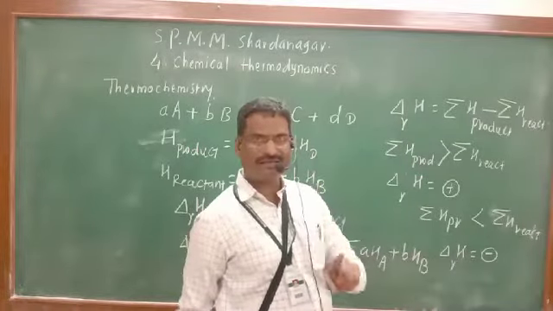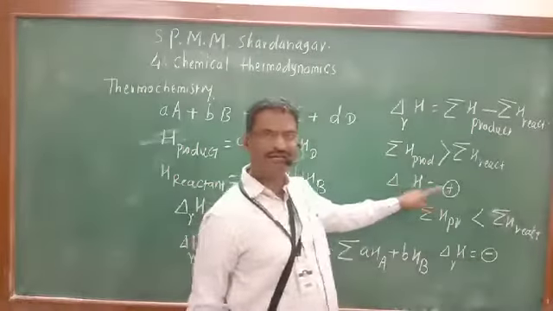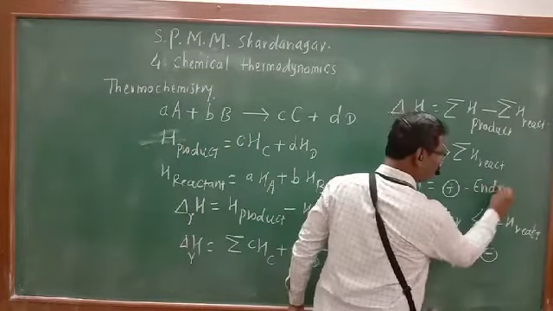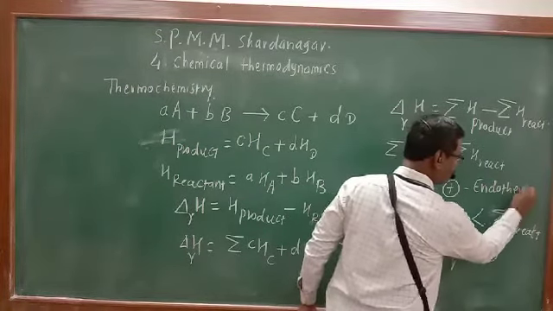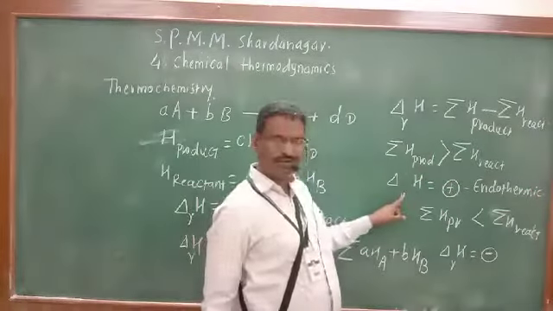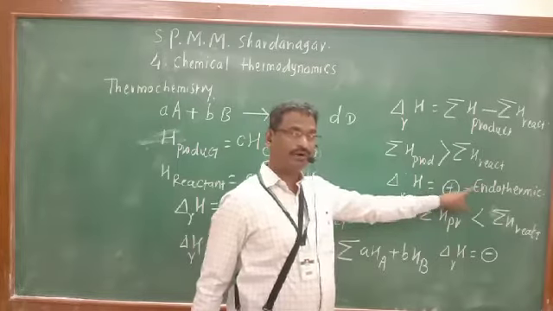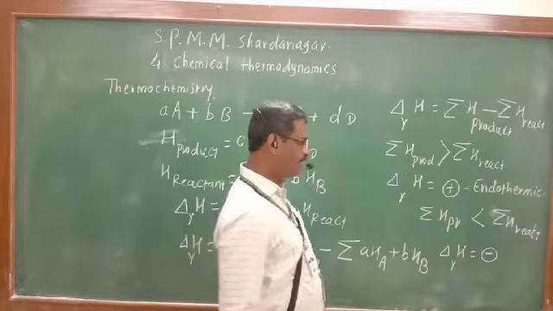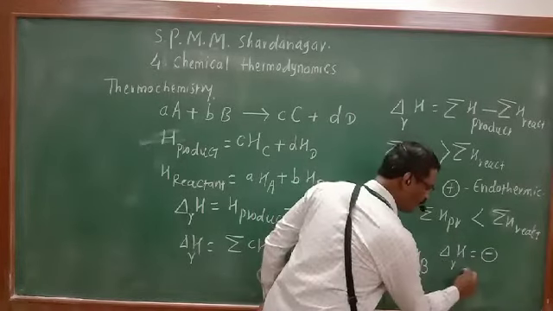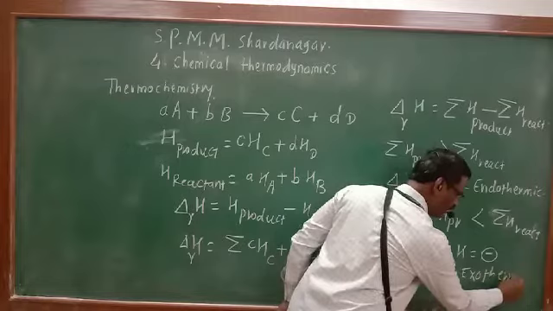The reactions in which delta H of the reaction is positive are known as endothermic chemical reactions, and the reactions in which delta H is negative are known as exothermic chemical reactions.